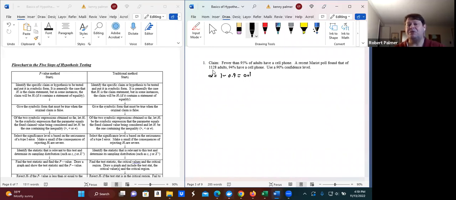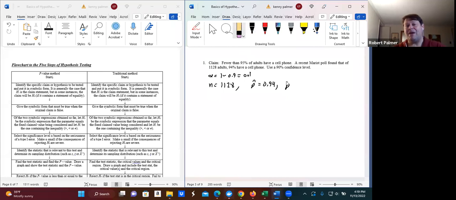Now, what else do we know? Our n, our sample size, is 1,128. Our sample proportion, p hat, is 94%, or I'm going to use 0.94 as a decimal. Make sure you don't get these confused.